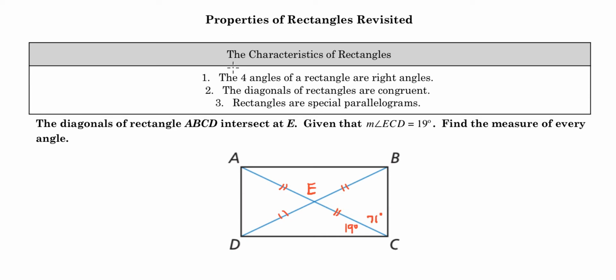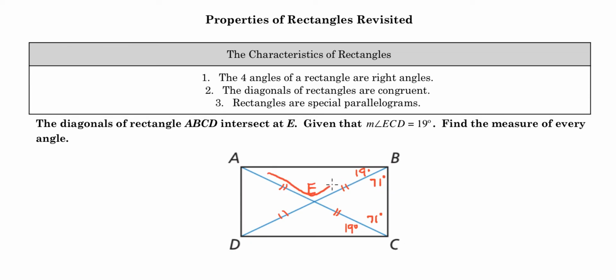Now, isosceles triangles have one property, that two sides are congruent, but there is a theorem associated with it that says the angles opposite those sides must also be congruent. So I now know that that's 71 over there. But since all of angle ABC is 90, this angle here must be 19 degrees, because these two angles have to add up to 90.